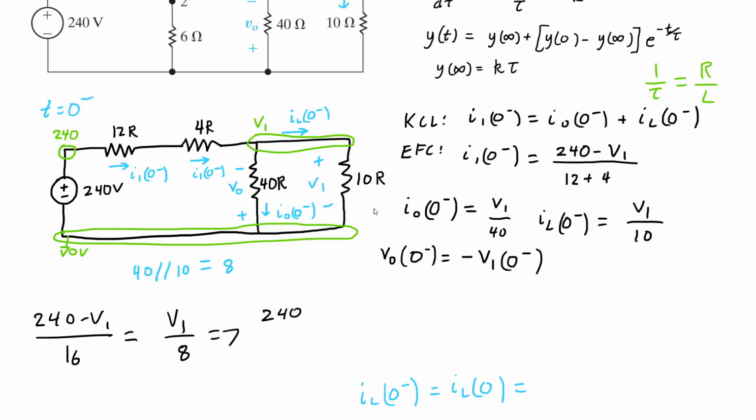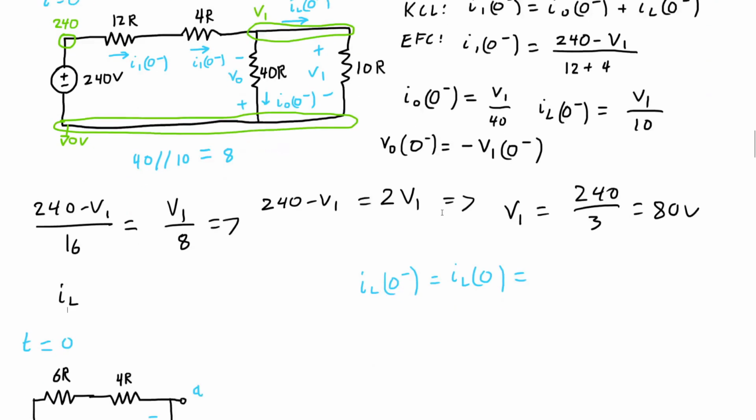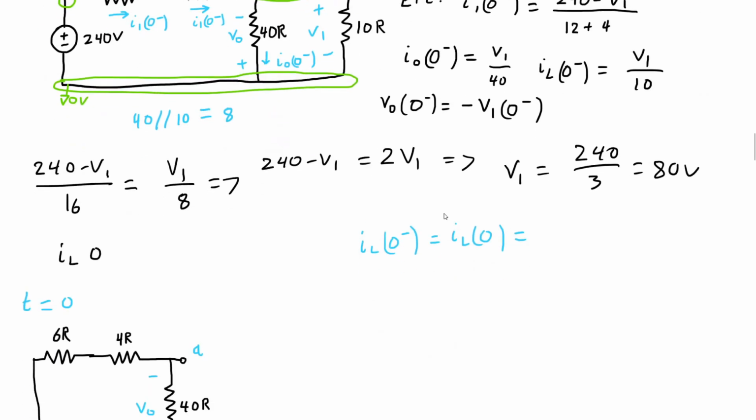So I'm going to multiply everything by 16: 240 minus V1 equals 2V1, which means that V1 equals 240 divided by 3, which is 80 volts. Which means that I_L(0-) equals 80 divided by 10, which is 8 amps.